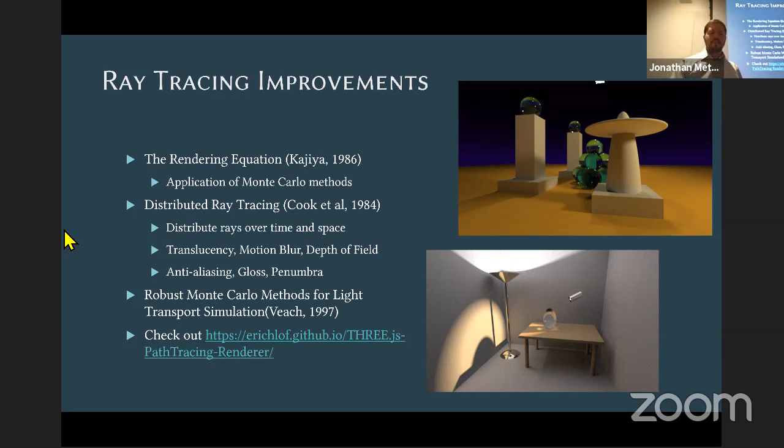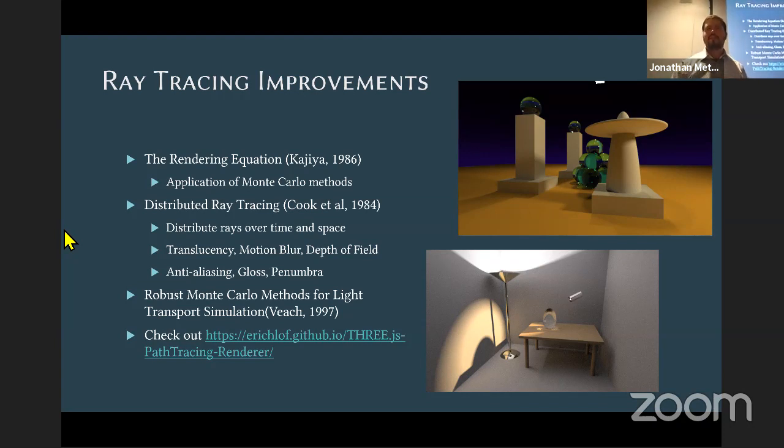So they said, let's distribute rays over time and space. And that way we solve problems like translucency, motion blur, depth of field, anti-aliasing, glossy surfaces, and penumbra for shadows. And these would be pretty much the de facto ways of doing ray tracing up into the 90s, when we got some new approaches, namely bidirectional path tracing, Metropolis light transport, and a few others.